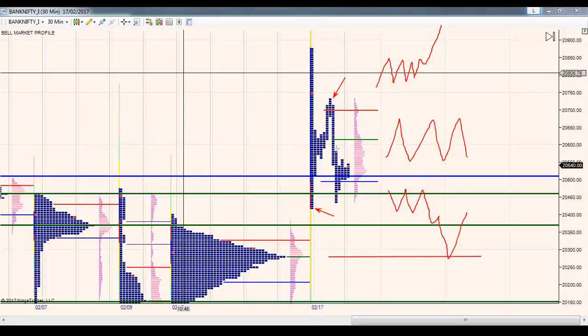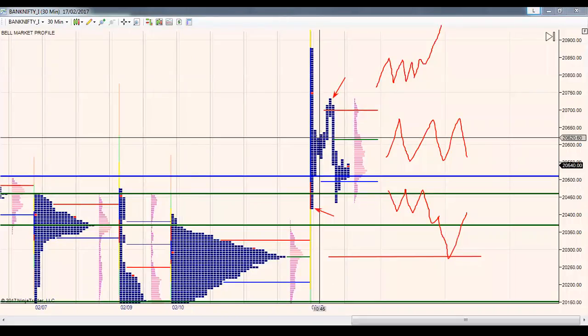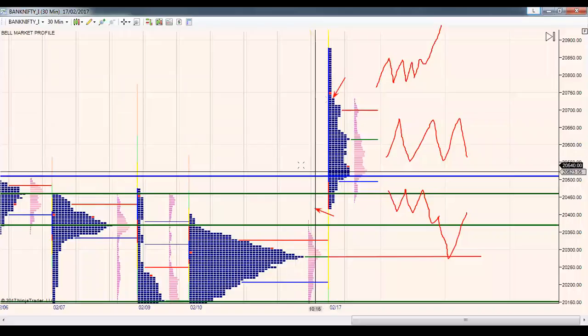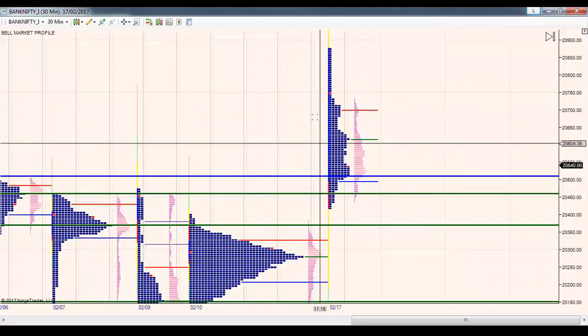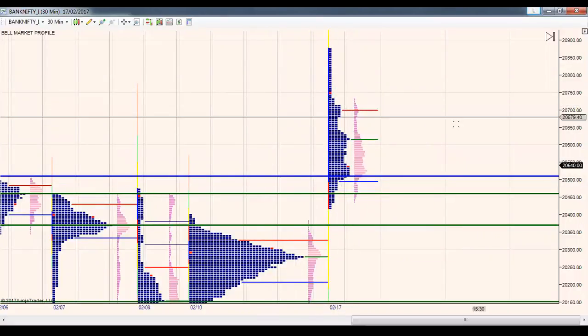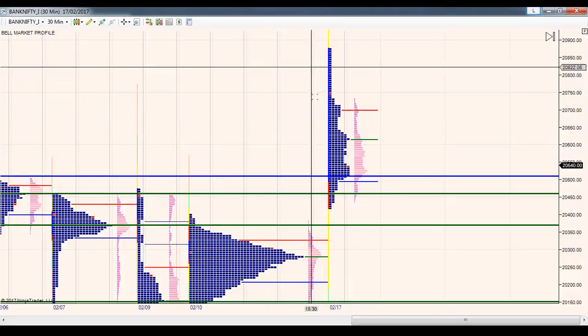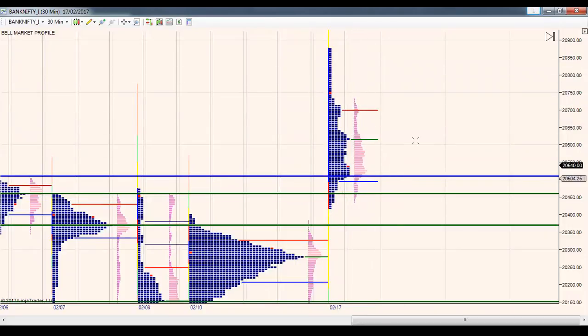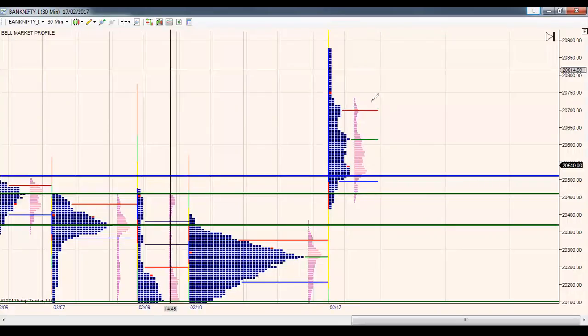This kind of activity happens where you get a nice gap up open, and prices find rejection at the top, form a nice balance. What might happen is that we might continue balance tomorrow, form a nice balance, and then leave that balance and come down.